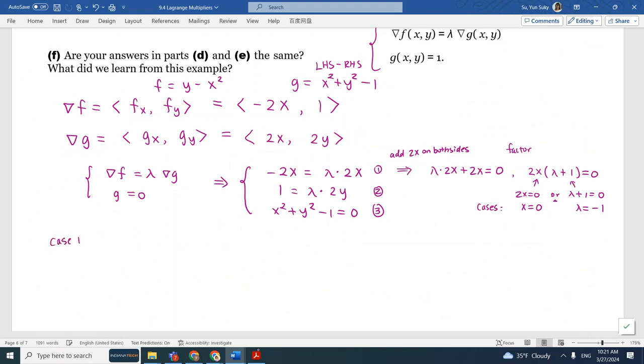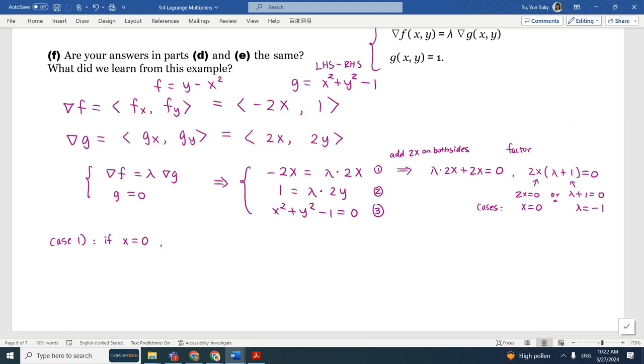So, case 1, if x is 0. So far, so good, everybody? Because you have or, it separates into two cases. One of them could happen; you don't require both of them to happen.